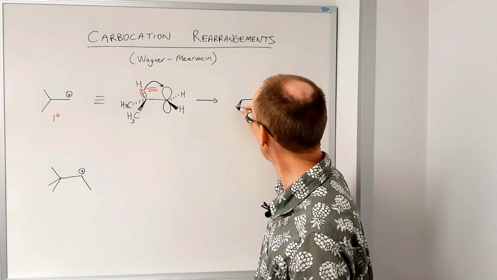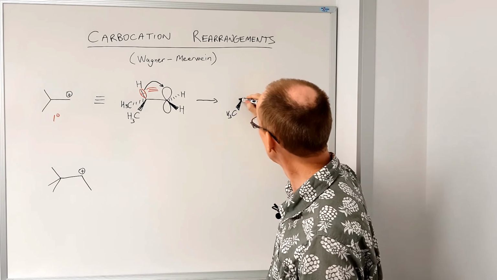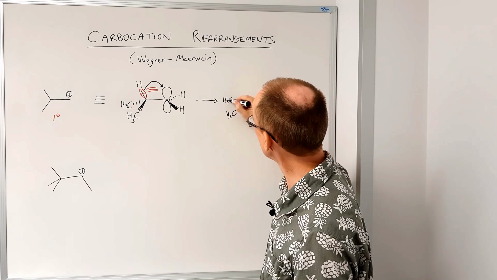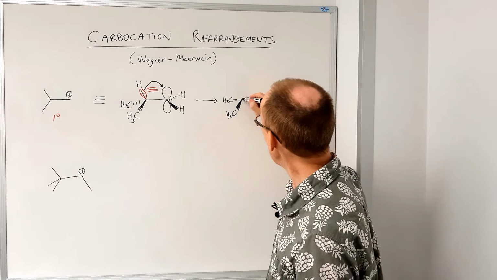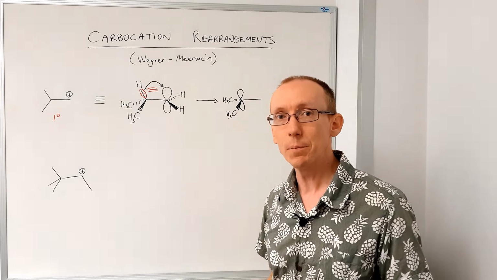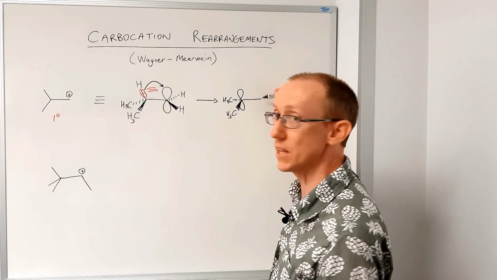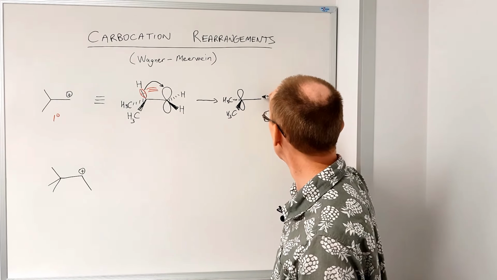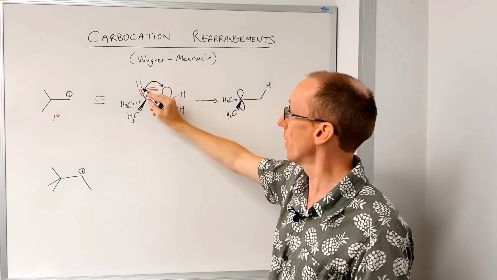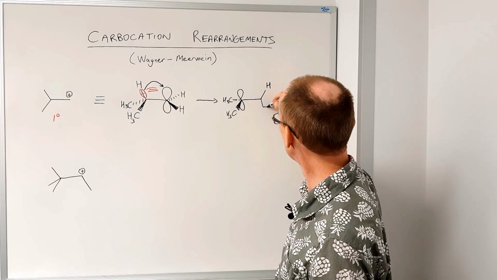We'll still have the methyl group that's coming towards us, and we'll still have the methyl group that's going away from us, and there's going to be an empty p orbital left behind because that pair of electrons has migrated with the hydrogen to the atom next door. So that's the hydrogen that migrated, and then we've got the two remaining hydrogens here.